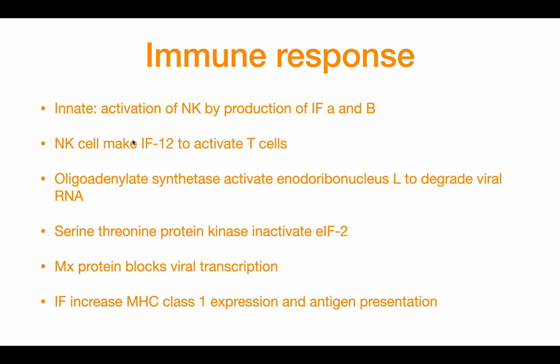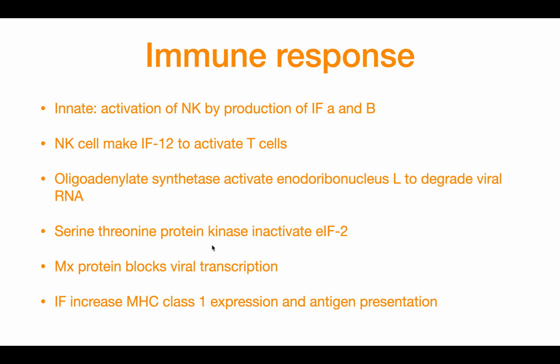Okay, so the immune response, real quick, is going to be the activation of the natural killer cells by the production of interferon alpha and beta. Natural killer cells are going to make interleukin 12 to activate the T cells. Oligoadenylate synthetase will activate endoribonuclease L to degrade the viral RNA.